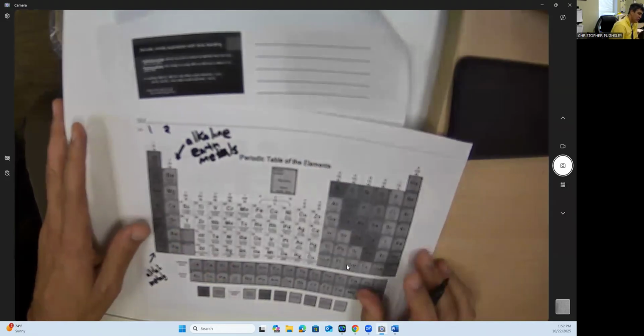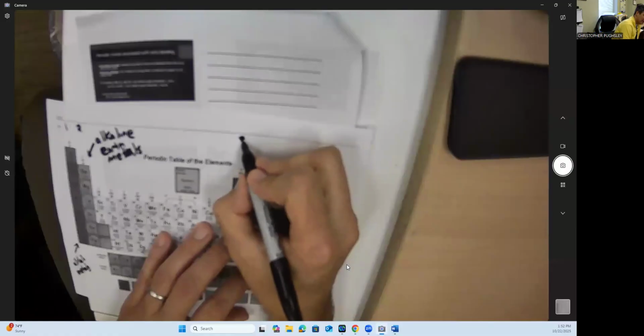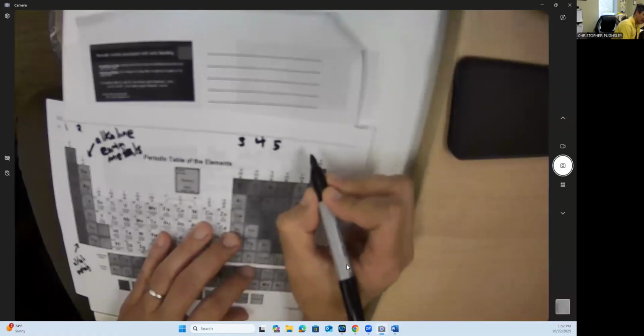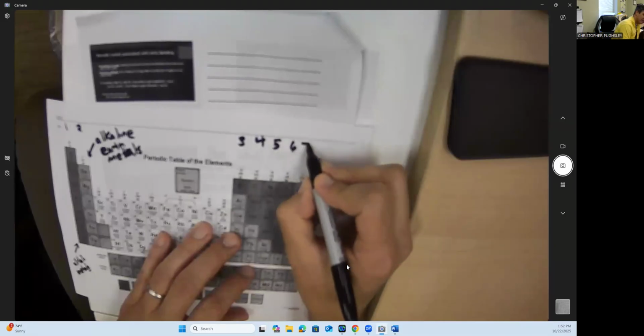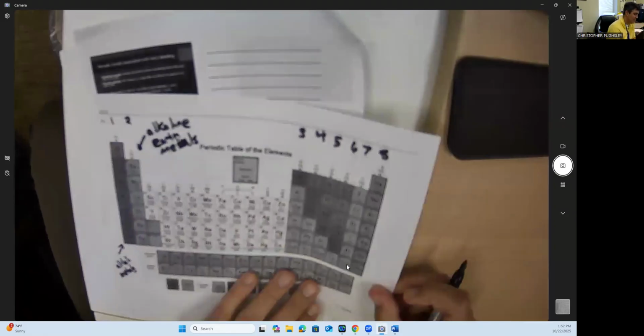Group 13, which is 3A, has 3 valence electrons, 4A has 4 valence electrons, then 5, 6, 7, and 8 valence electrons.